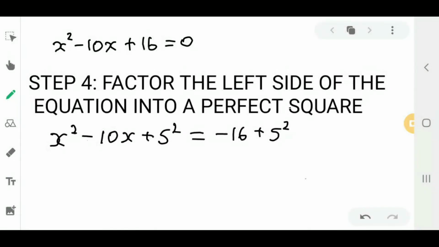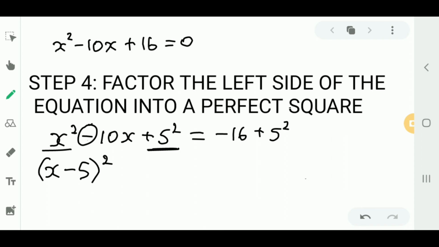So just so you can follow what I'm saying, for step 4, factor the left side of the equation into a perfect square. You do that by focusing on the square terms. So you have x, then whatever sign is in front of the b term, which is minus in this case. You put that sign, you put the other square term, which is 5, and you put a square on the outside of the bracket like that.